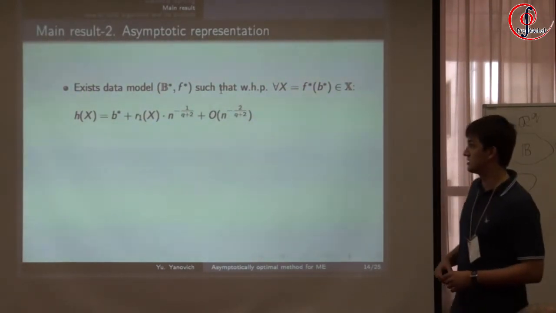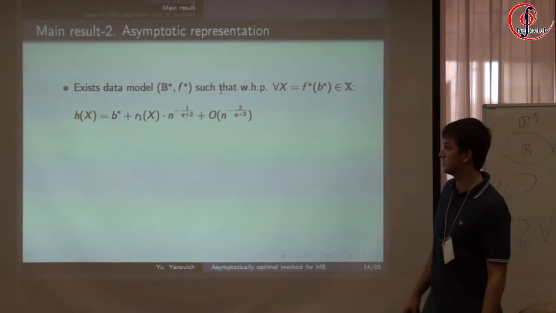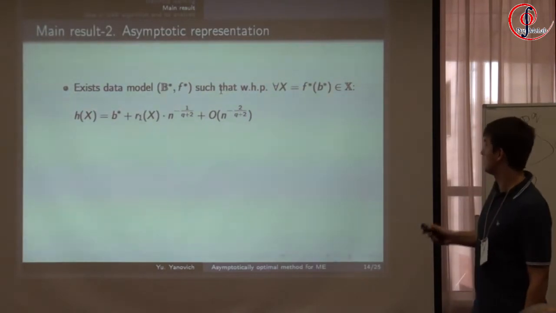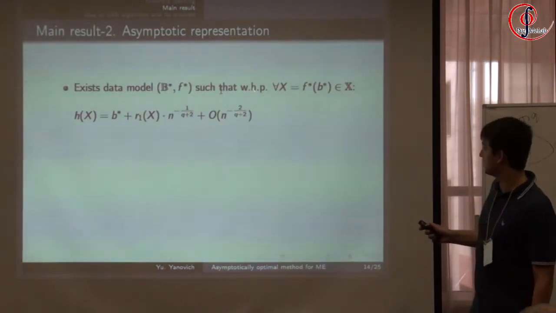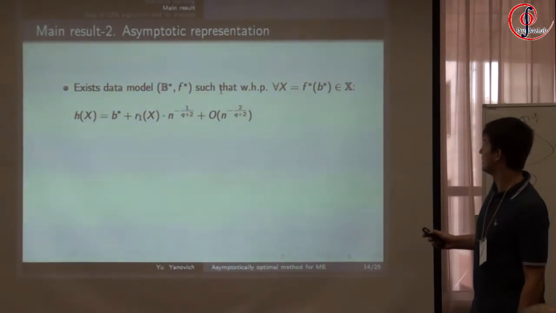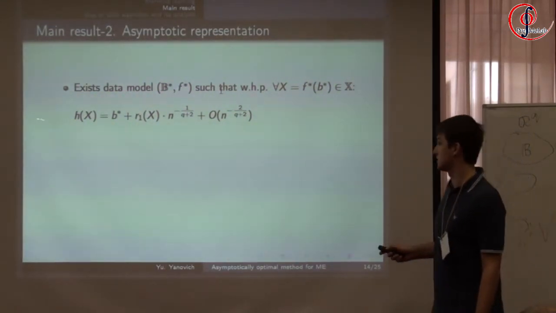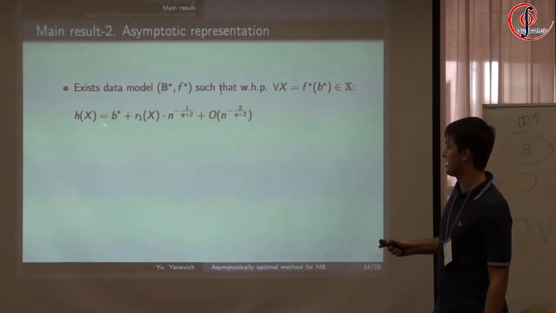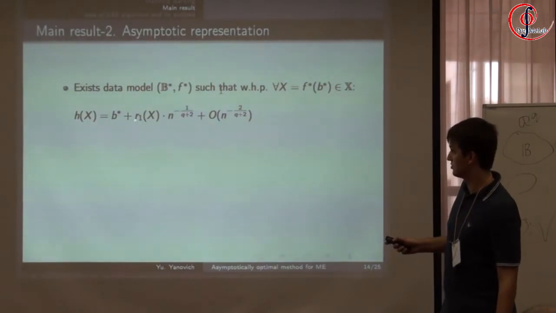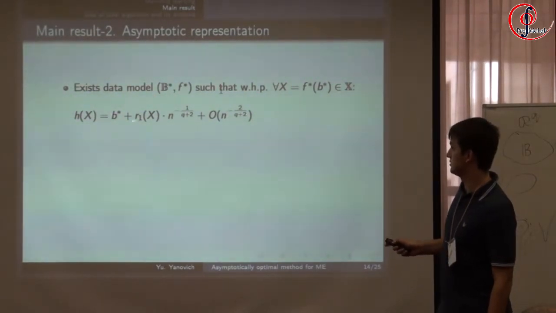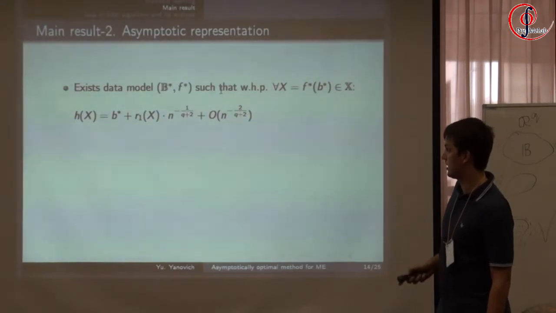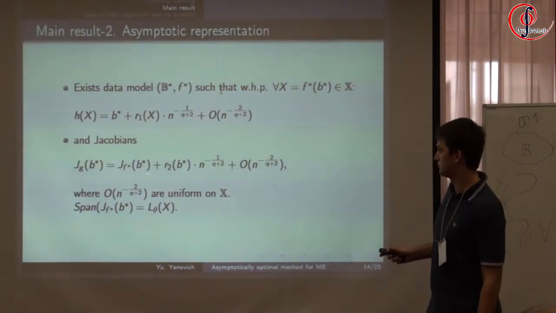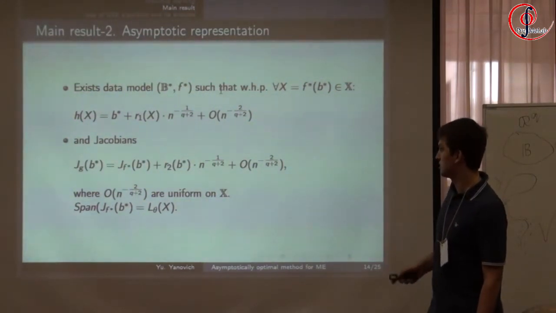Well, the thing is that there exists some data model such that with high probability our GSE solution for the manifold learning problem has the following form. The result of the embedding mapping could be represented to the second order in the following way, and its Jacobian matrices could also be represented in the following way.